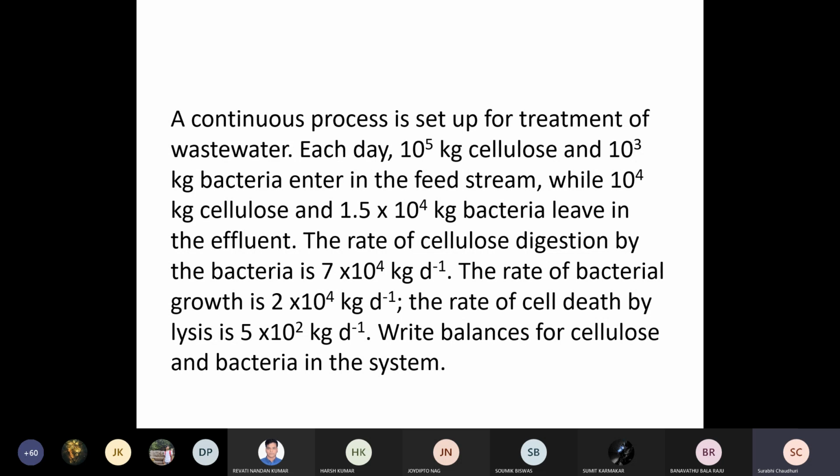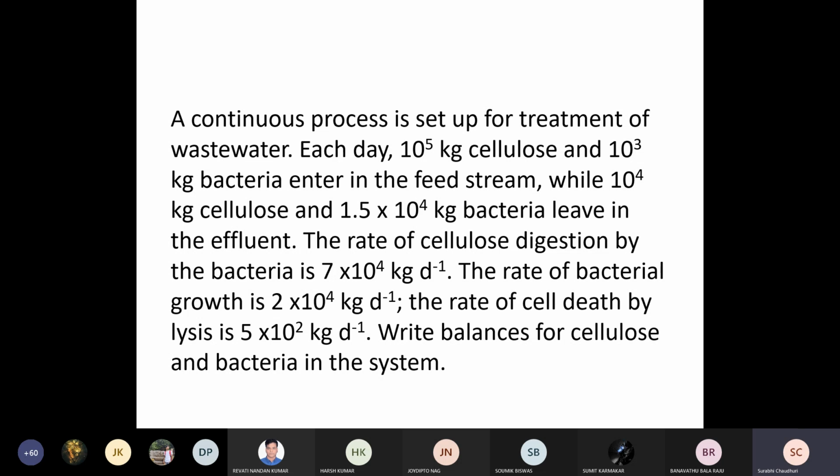You see what entered is 10 to the power 5 kg cellulose, what is going out is 10 to the power 4 kg cellulose. So cellulose is reduced, and bacteria entered is 10 to the power 3 kg. Bacteria ate the cellulose, so bacteria increased. Bacteria going out is 1.5 into 10 to the power 4 kg.